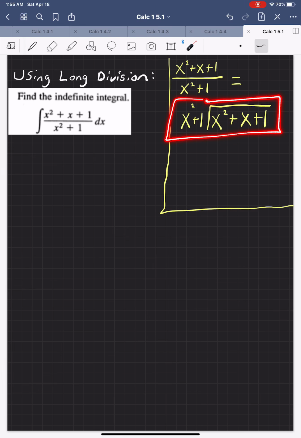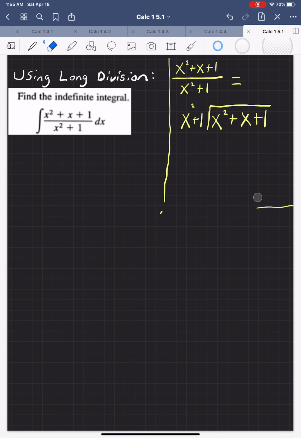And what we do is we just go through, and I know for many, we hated this long division back in elementary school. So we're really going to hate it when we're dealing with polynomials. But let's go ahead and do this.